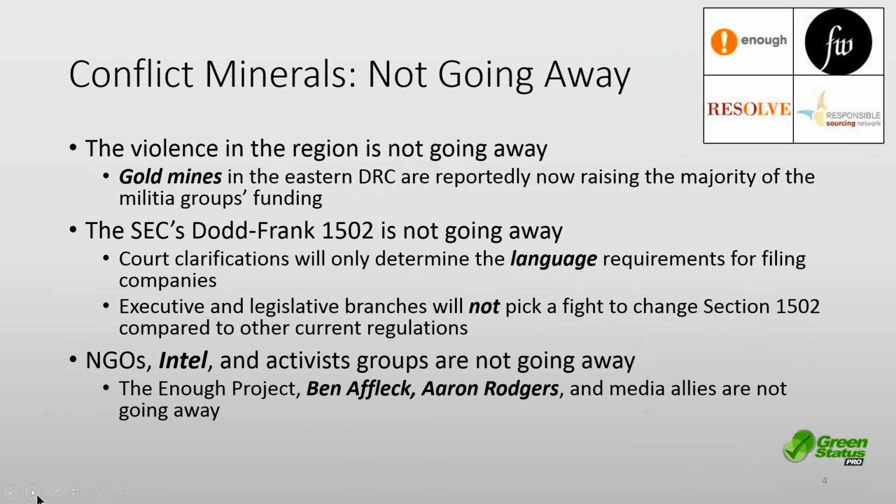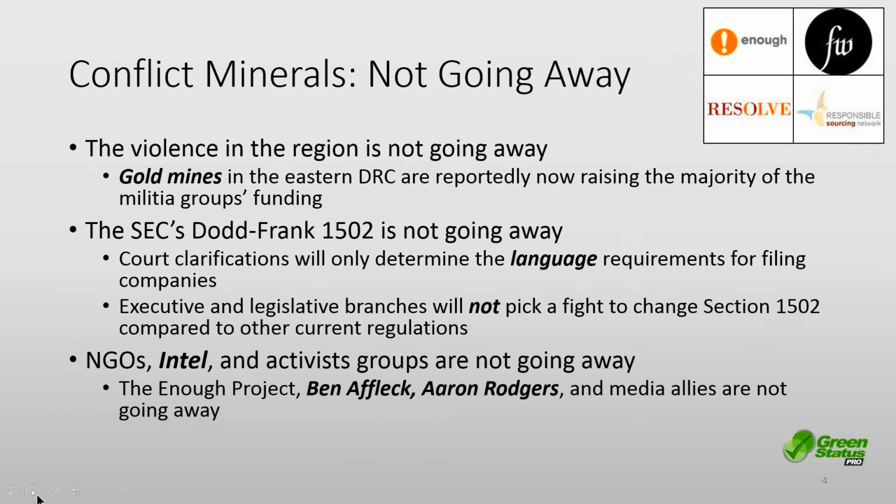The second area is the SEC's Dodd-Frank 1502. Is it going to go away? Well, there's two ways it could go away, courts or legislation. The courts are only determining if the language requirement for filing is appropriate or not. And at the legislative level, there are a lot of fights to be picked, but changing the humanitarian objectives of Section 1502 is not one that's currently high on the list for change.